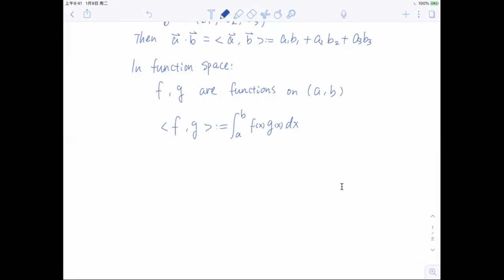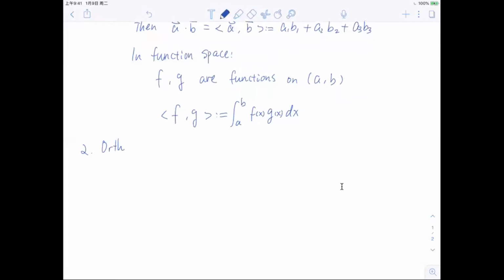First is orthogonality. In vector space, if we have two vectors orthogonal, we mean that their inner product is 0.